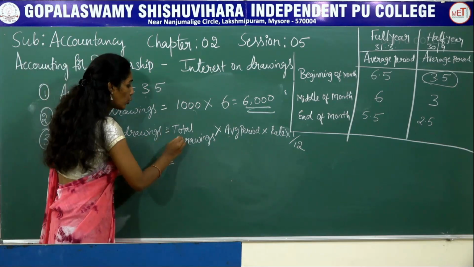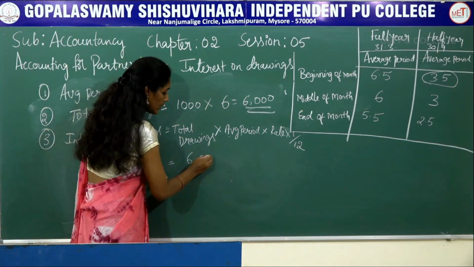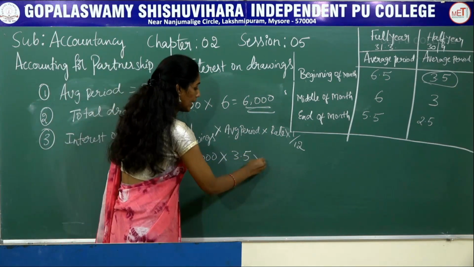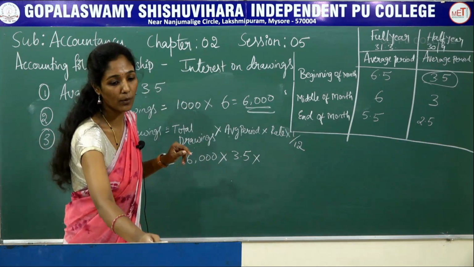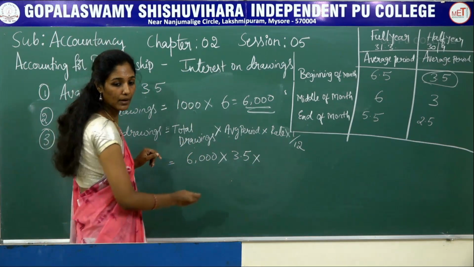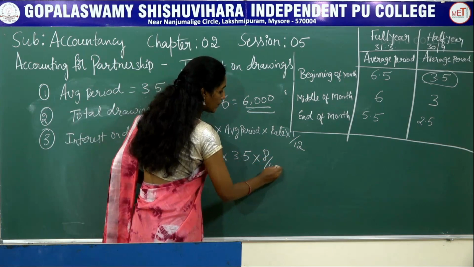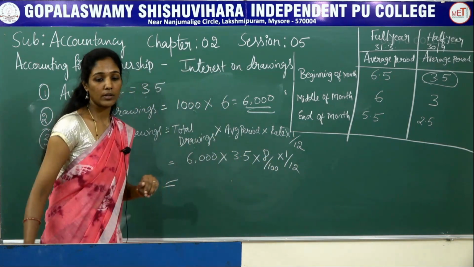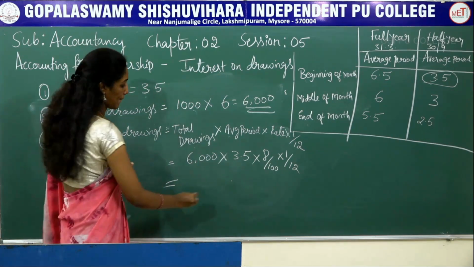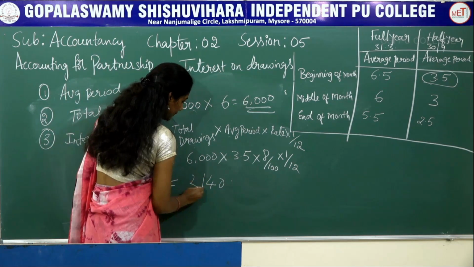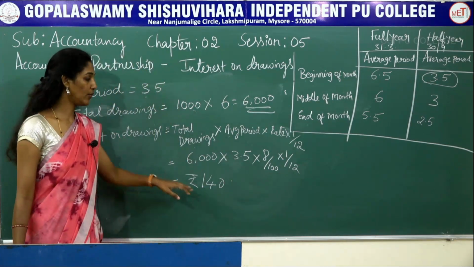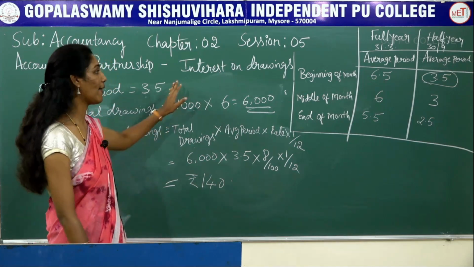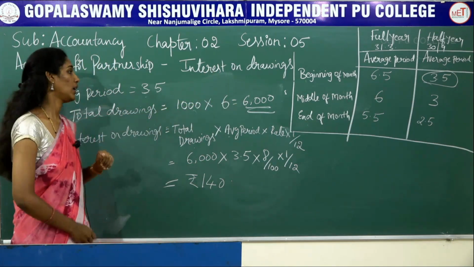So as you all know, the total drawings is 6000, average period is 3.5 into rate that is given in your problem, 8%, 8 divided by 100 into 1 by 12. Then 140 rupees. 140 is the interest on Shreya's drawings under the average period method.